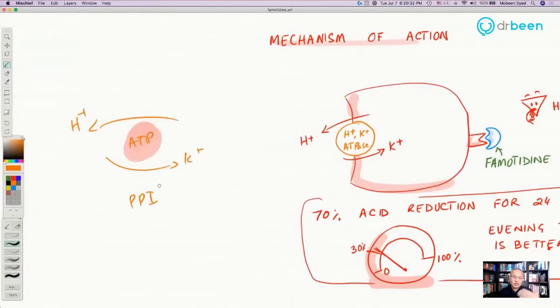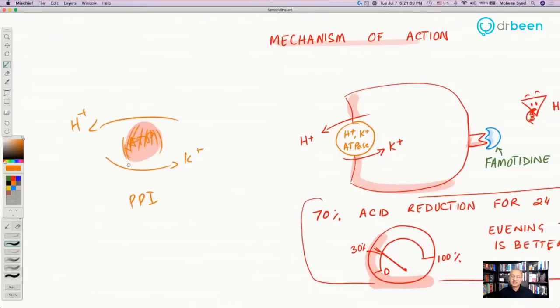They become converted into an active metabolite, which then goes and works on this pump and breaks its sulfhydryl groups. So we have talked about the sulfhydryl groups a lot with N-acetylcysteine, with glutathione, and a few days ago we talked about the sulfhydryl groups as well in terms of favipiravir. So sulfhydryl groups are broken. That causes the pump to become inhibited forever.